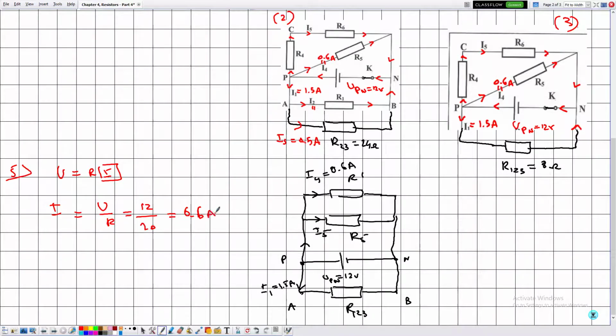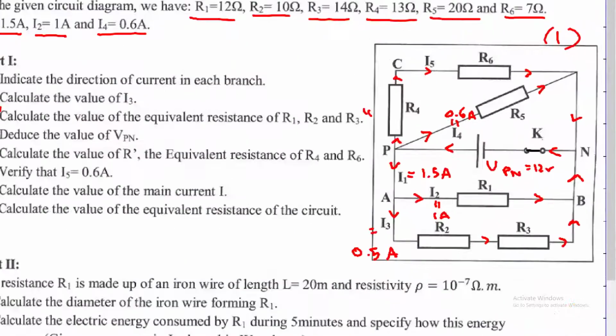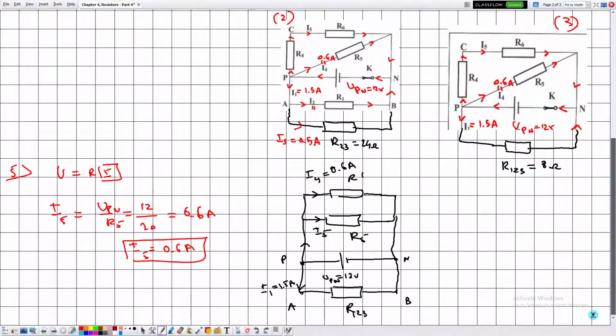So indeed, my guess was correct, that here each current, this is I5 for the voltage UPN across the resistor R5. So here the currents are, so this is not I5, this is I6, and I5 must be here, okay? So each resistor is being traversed by the respective current, which is I5.